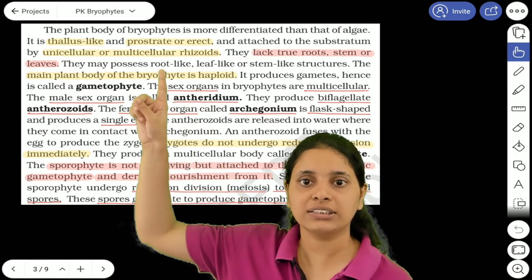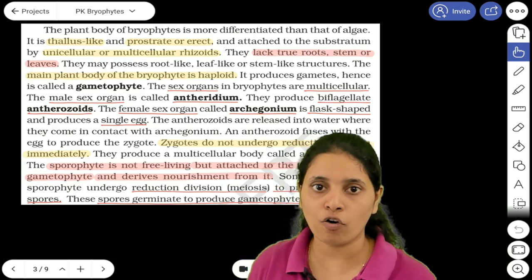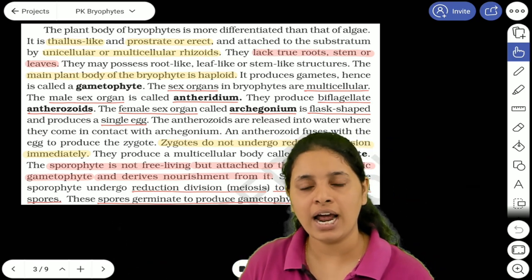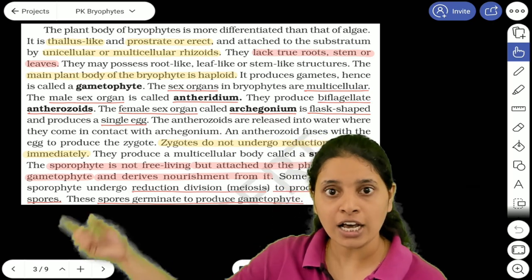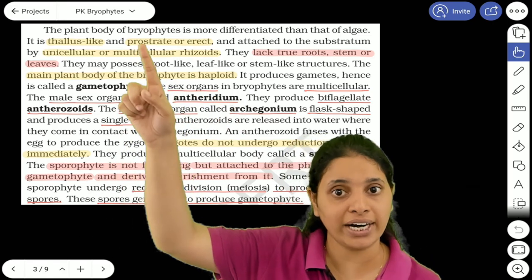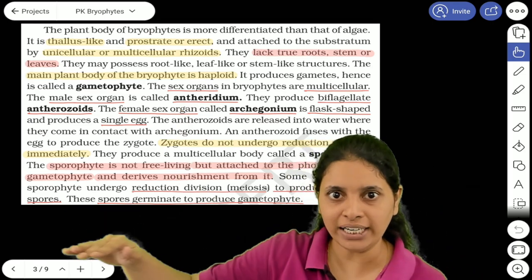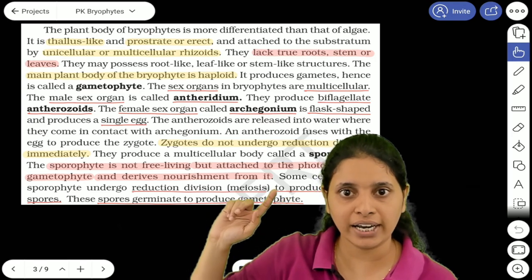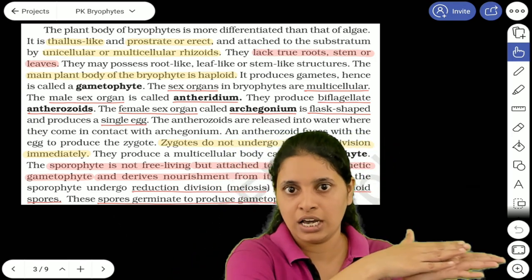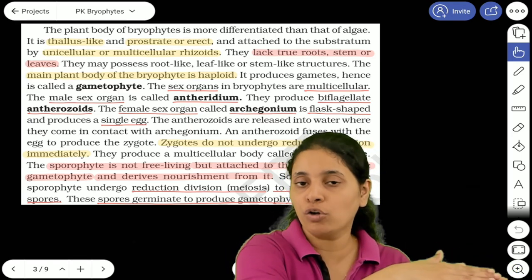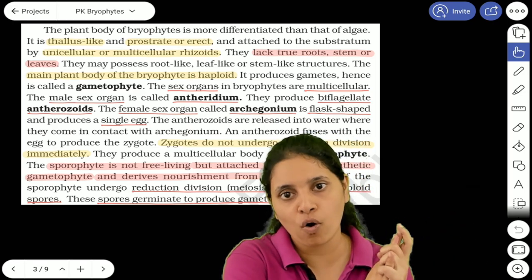The root-like structures are rhizoids which can be unicellular or multicellular, like in case of liverworts you mainly have unicellular, and in case of mosses you have multicellular branched rhizoids, right? जो मेन प्लांट बॉडी है गैमेटोफाइट, right, it is thalloid. Okay, flattened structure, grows like a mat, right, thalloid structure है and it is prostrate or erect. प्रोस्ट्रेट मतलब जैसे मैट लाइक ग्रोथ होता है, just flat growth on the substratum, whatever it is, stone, soil, any compound wall, right?